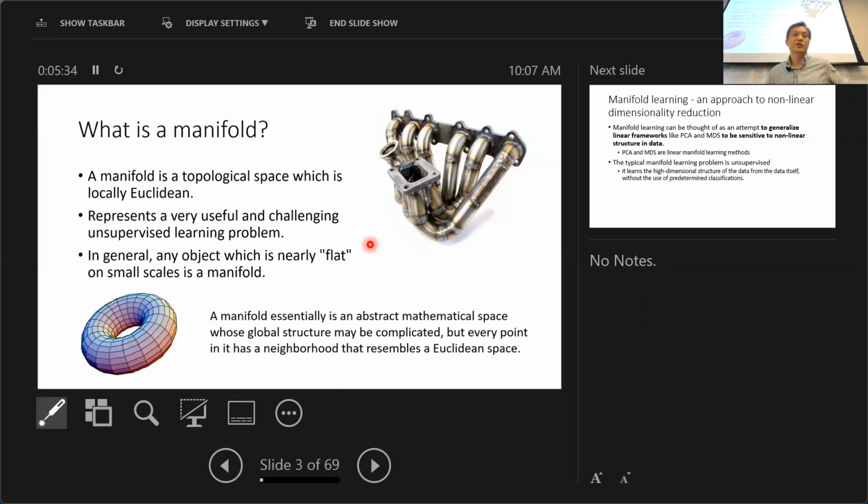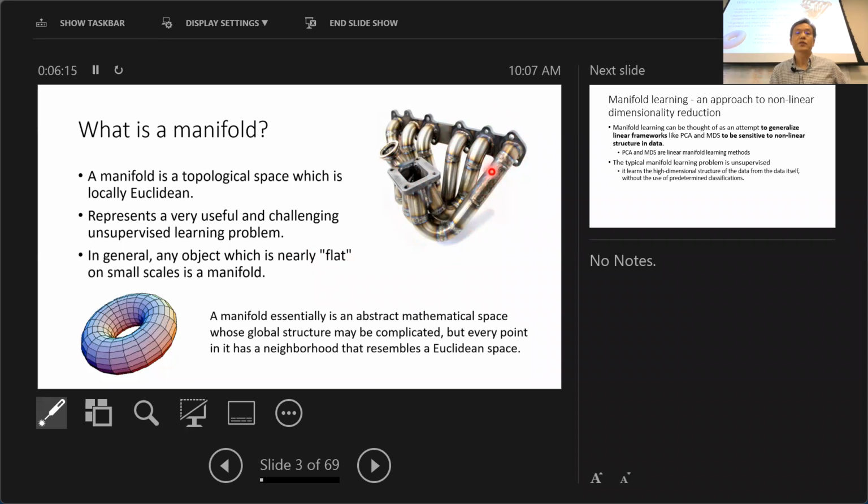So what is manifold? Manifold is topological space which is locally Euclidean. So it gave you a framework to help you to do this supervised learning. And when I say Euclidean, that means if you look at the small scale of this structure, you look at a local region for a particular region on this complex object.